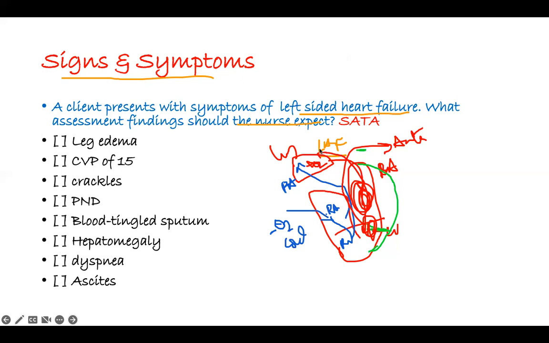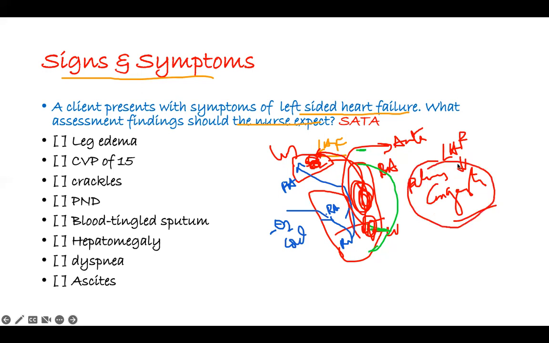It will go back into the lung, and they have pulmonary congestion. So when you see left heart failure, think about pulmonary congestion. And therefore, all your answer choices should be what? Pulmonary congestion symptoms. That is all pathophysiology, using it to answer this question.